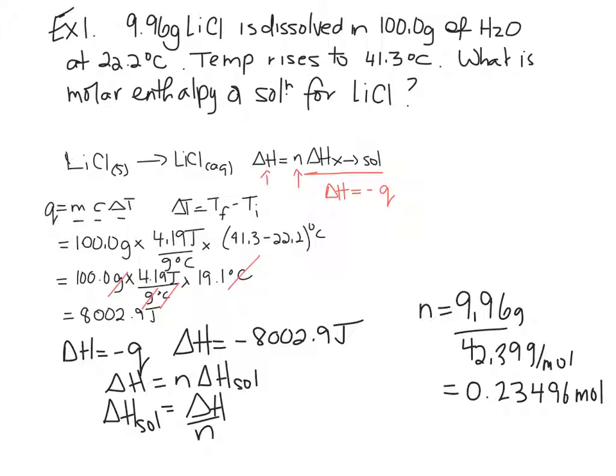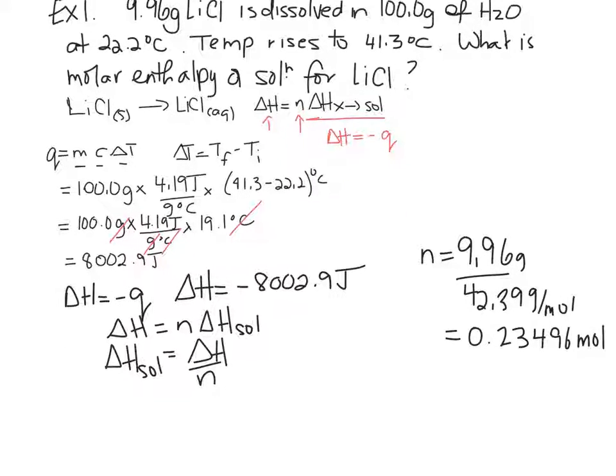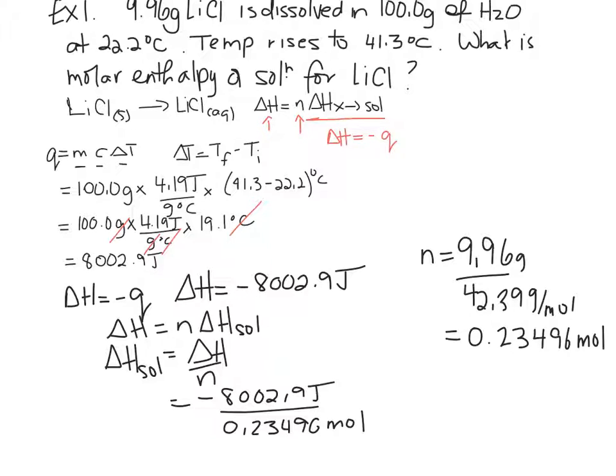So negative 8,002.9 joules divided by 0.23496 moles. Don't round until the very end.